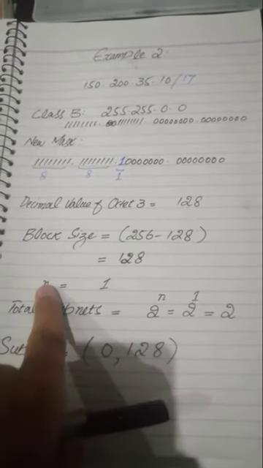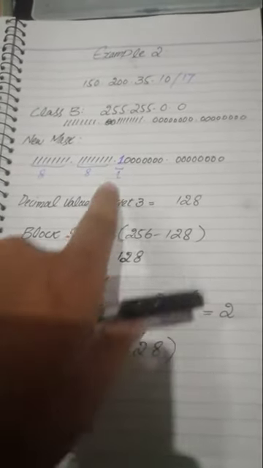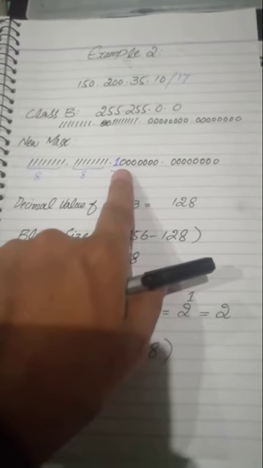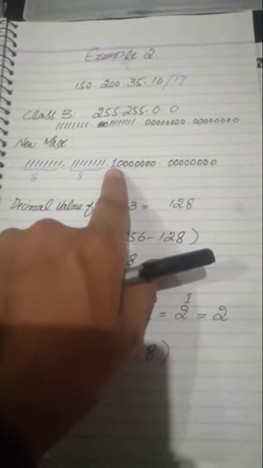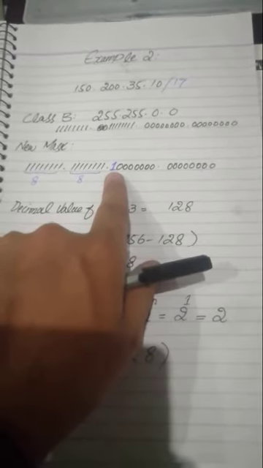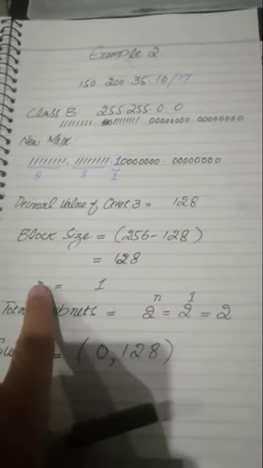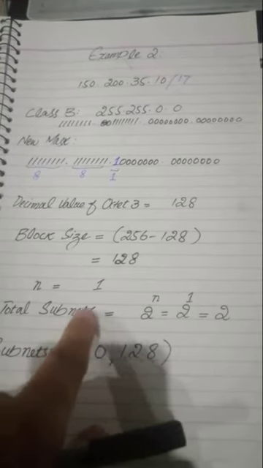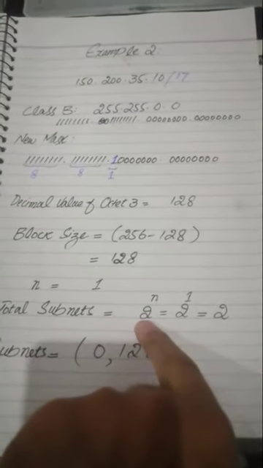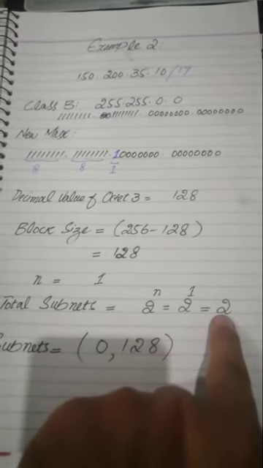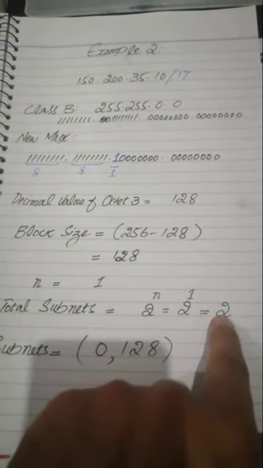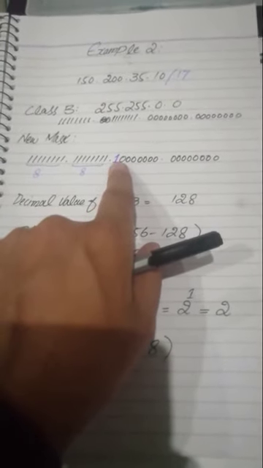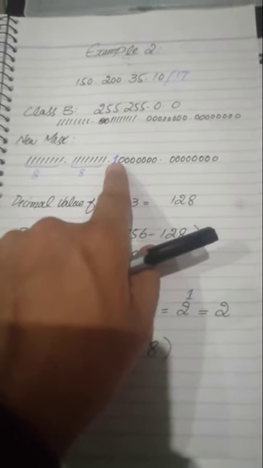So let's calculate the total number of subnets from this specific scenario. The number of network bits we are borrowing from host bits is 1, so the value of n is 1. By using the formula we have 2 subnets. It means that we can create 2 subnets if we borrow 1 bit from the host part, right?